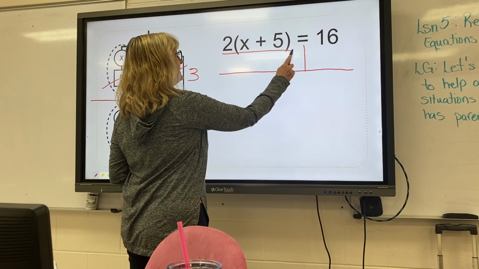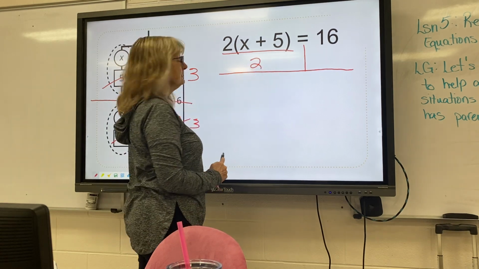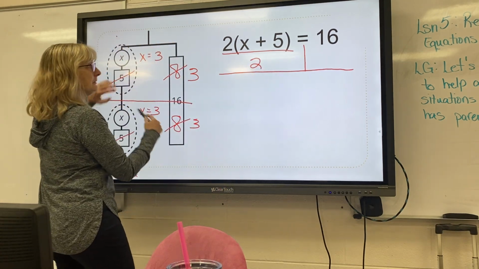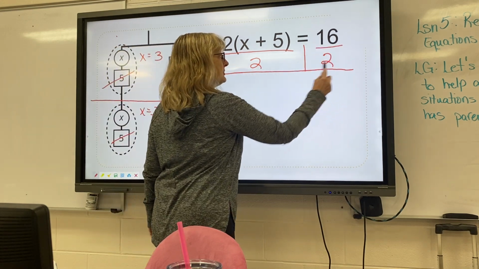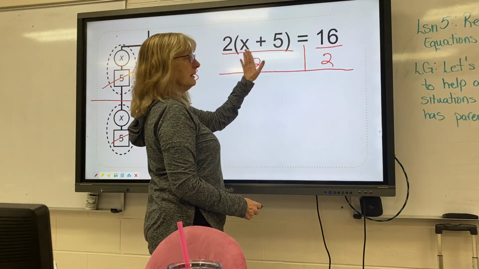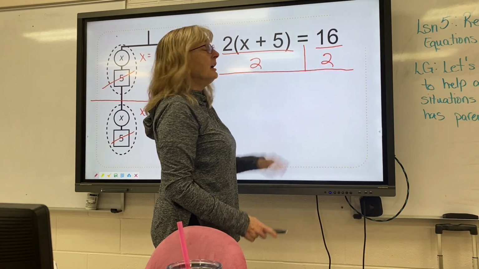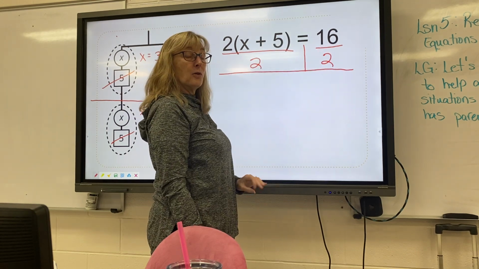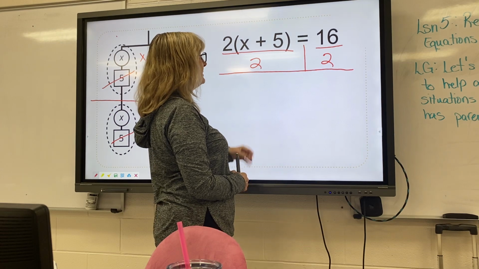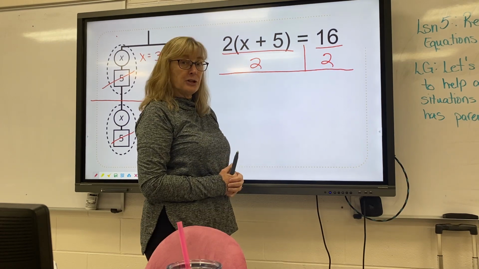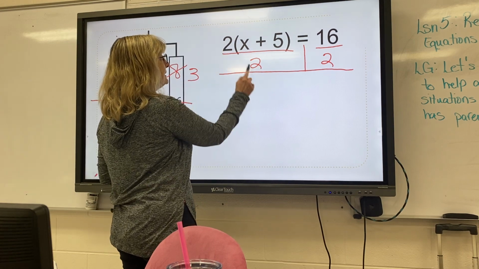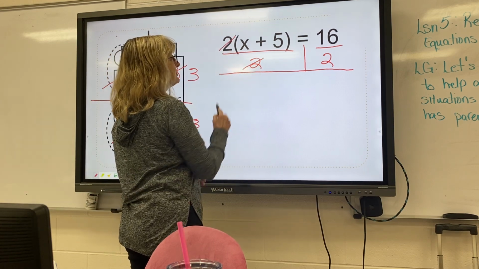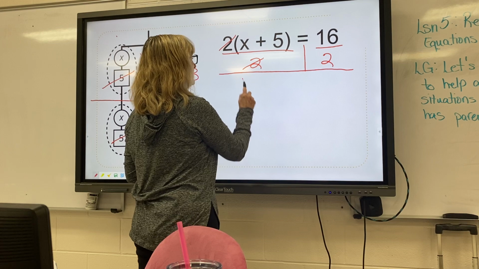So I divided this side by 2, and then I came over here and I divided this side by 2, because whatever you do over here, you have to do over here. And there's a property or a rule that says we can do that, and this is the division property of equality.